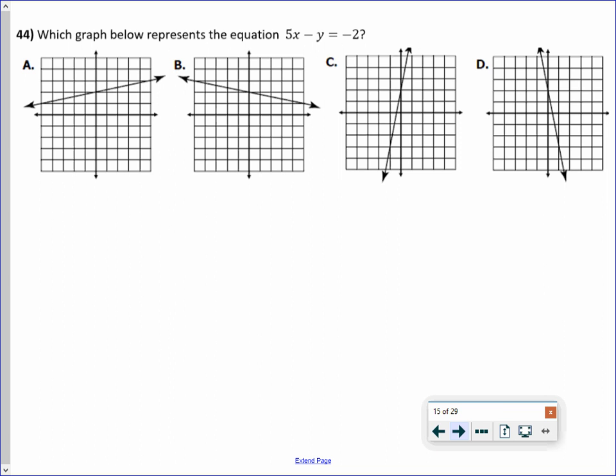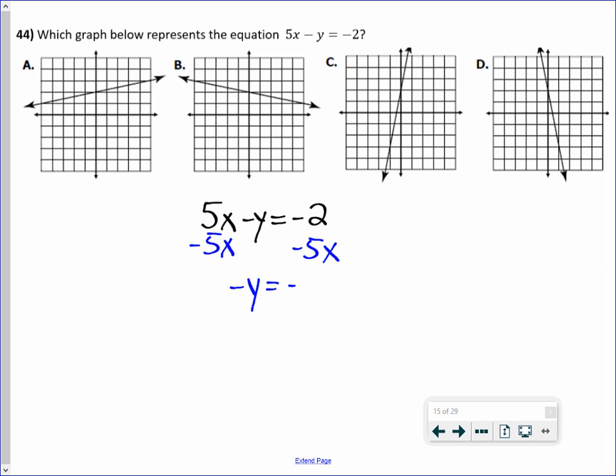Okay, so here I need to figure out which one of these is the graph of this. So I want to solve it for y. Solve it for y so that y is by itself. Oh, sorry, that pen went a little crazy on me there. So this will be -y equals -5x minus 2. And I divide everything through by -1.